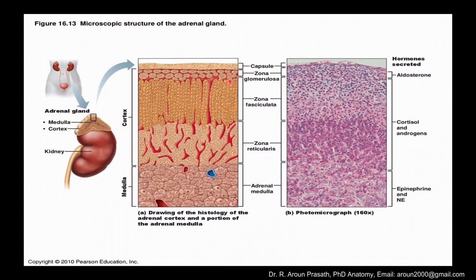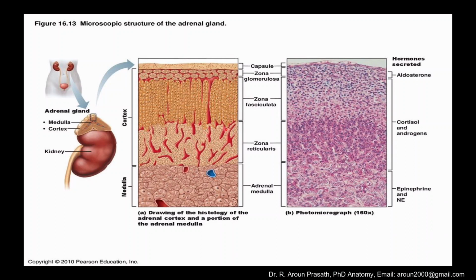Then the next layer of cells is called the zona fasciculata, which secretes glucocorticoids and mineralocorticoids. The next layer is the zona reticularis.